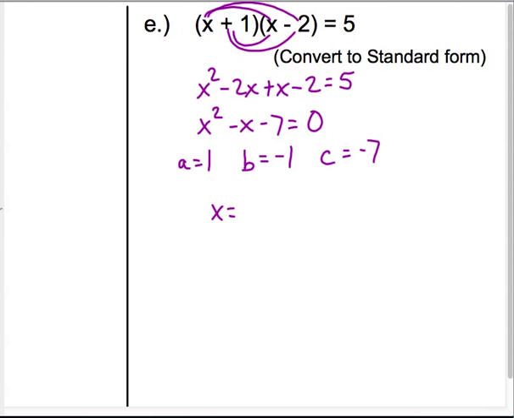So x equals the opposite of b plus or minus the square root of b squared. Again, when b is negative, I drop that symbol because I know it will become positive once I square it. Minus 4 times a times c, all over 2a.